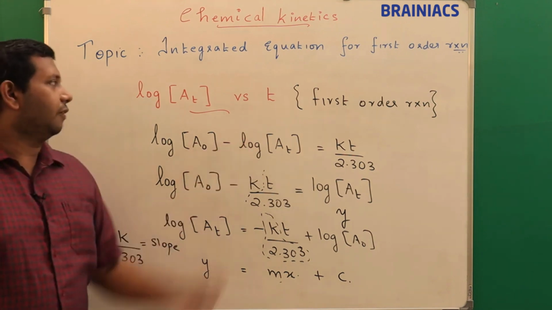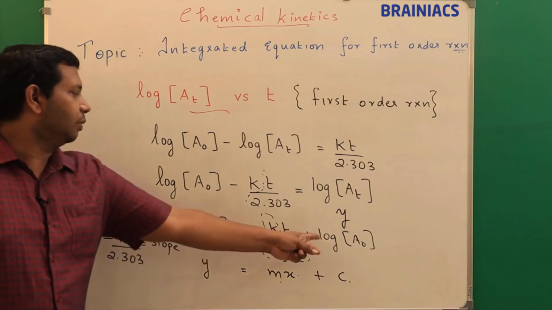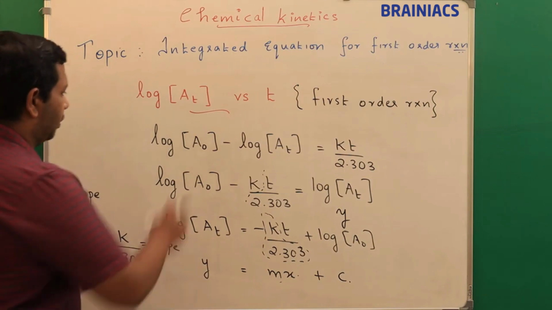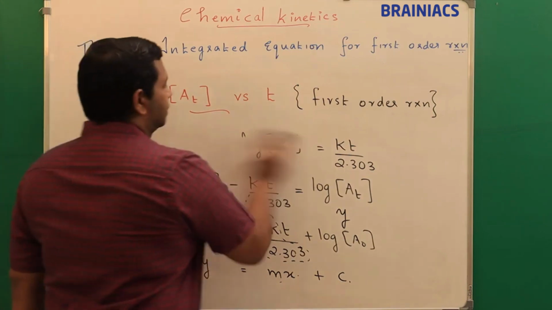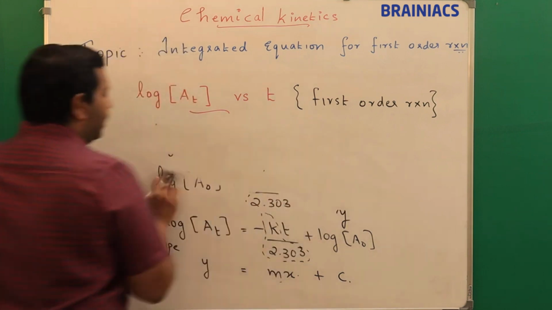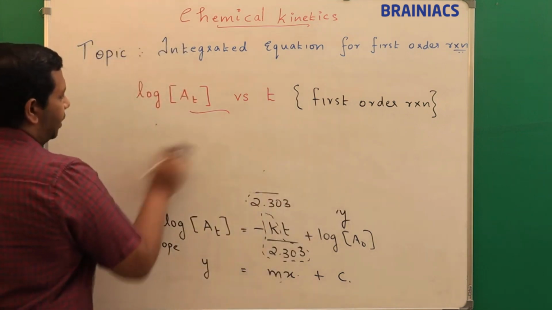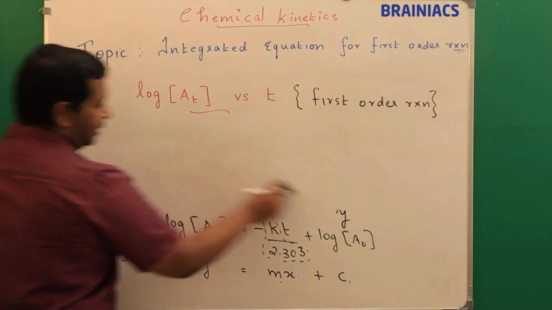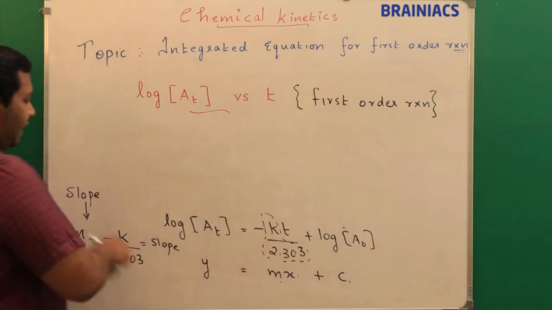Now we will try to graph this. I will take only this equation and try to graph log a of t versus t. Okay, so I can rub this and we will try to draw how the graph looks. Anyway, you know that since y is equal to mx plus c, it is a straight line. But we also know that here the slope is negative.